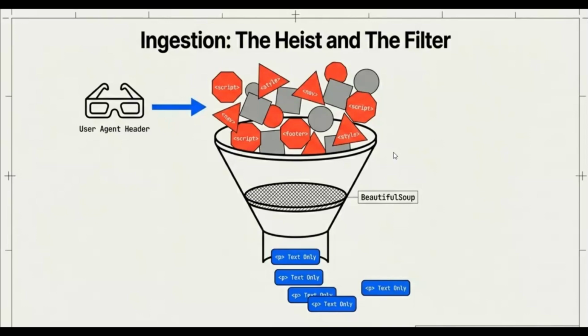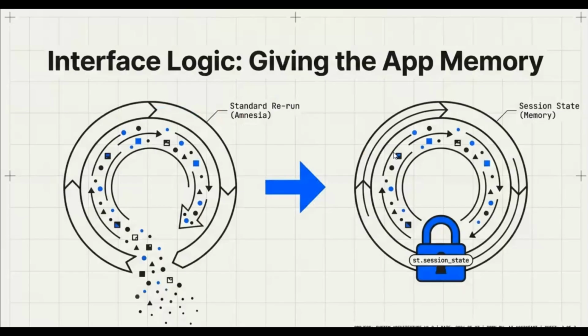Now, any website which has a news article will be made in HTML and it will have extra data in it, such as script, the style, the footers, the titles, etc. But we only want the main text. So Beautiful Soup will help us to filter these unnecessary tags and only give us the important text, which is going to be in paragraphs.